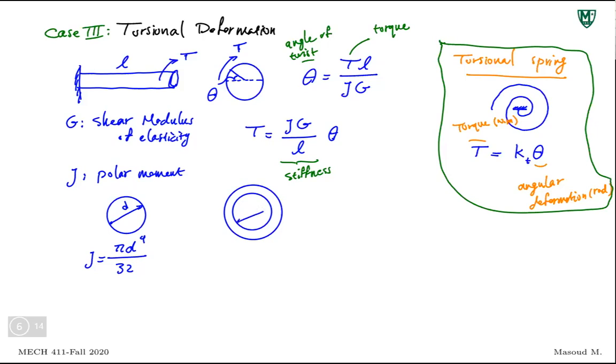If I have a hollow shaft and I call this DI, and let's call the diameter of the outer part DO, what is the polar moment for this? Isn't it pi over 32 times D outer to the fourth minus D inner to the fourth? Exactly. Thank you. So D outer to the fourth minus D inner to the fourth.